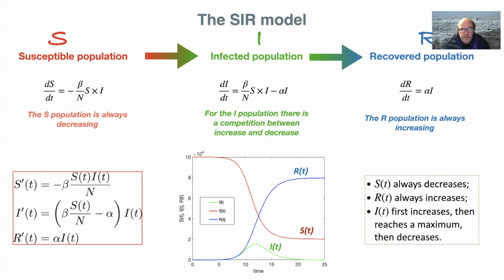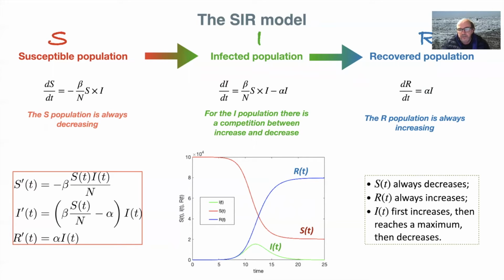You have an example here which is simulated. The red curve is the susceptible population. First, all the population is susceptible, then it's decreasing, and it's reaching a plateau for a large time.